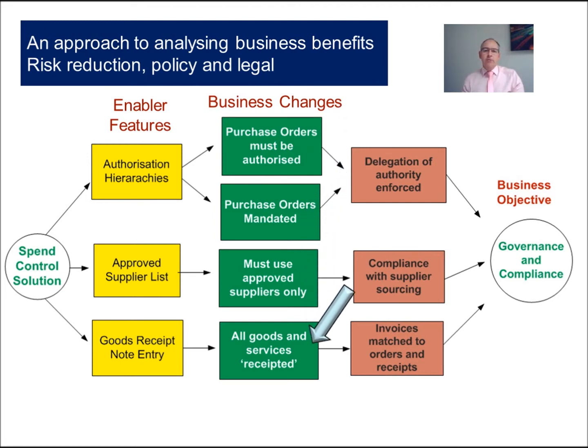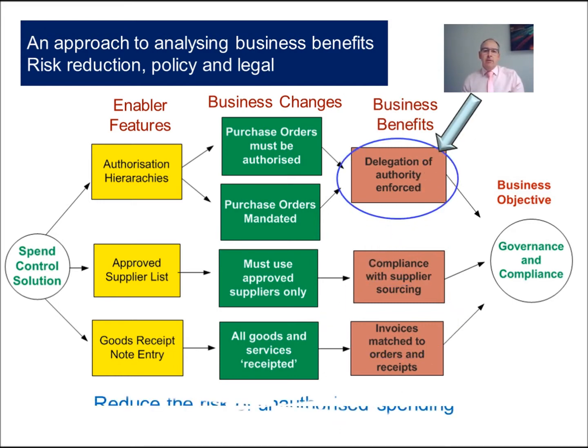Now these 4 business changes linked through to our 3 business benefits. And the benefit classification enables us to say what is the type of benefit. So the first one, about delegation of authority, is reducing risk. Risk for having unauthorised spend, perhaps against values that people are not allowed to raise purchase orders above.